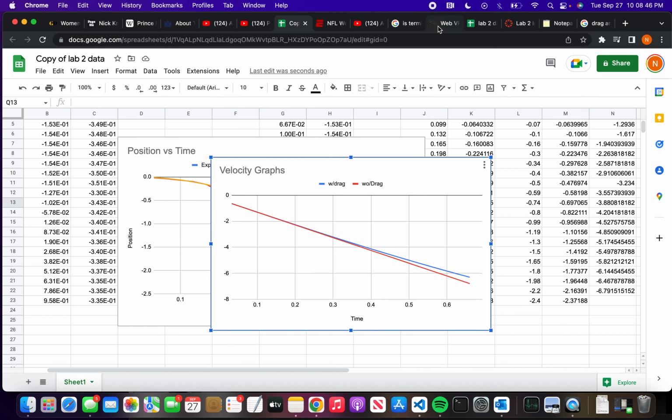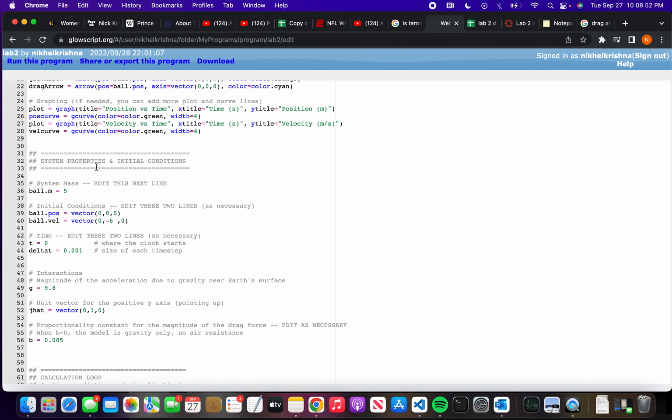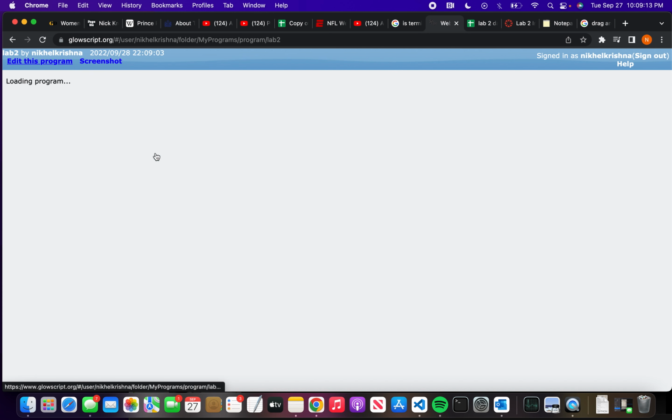The question on whether or not the terminal velocity would change based on whether or not a ball was thrown is minute, because let's say, using GlowScript, we have an initial velocity that represents the ball being thrown.